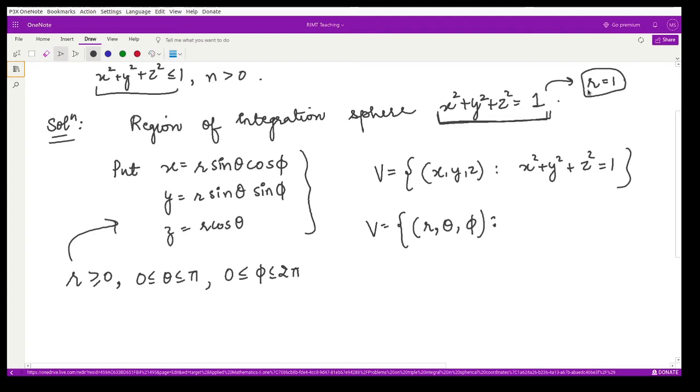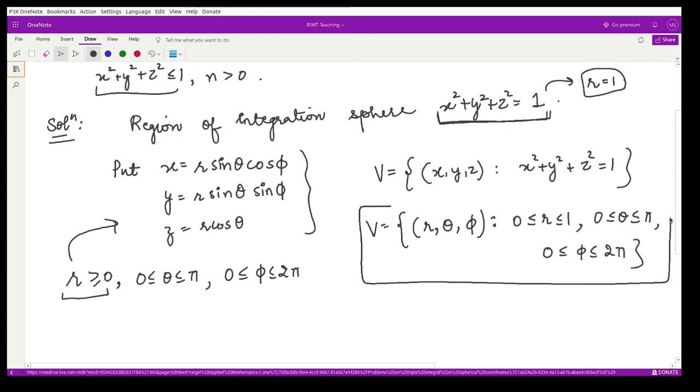The radius is equal to 1 from here. So that means we have the limits of integration of r varying from 0 to 1, and for theta and phi they will be the same. So what is the limit for theta? That is 0 to pi, and for phi it is 0 to 2 pi.